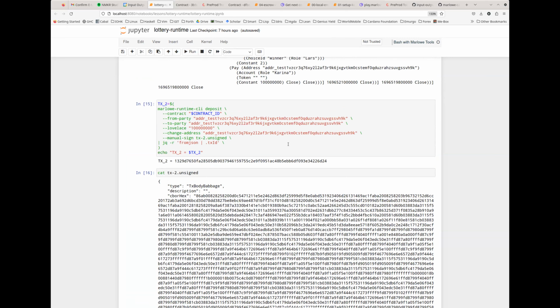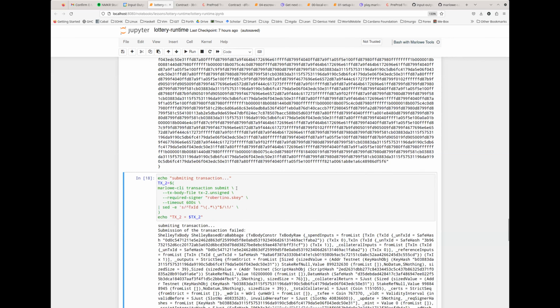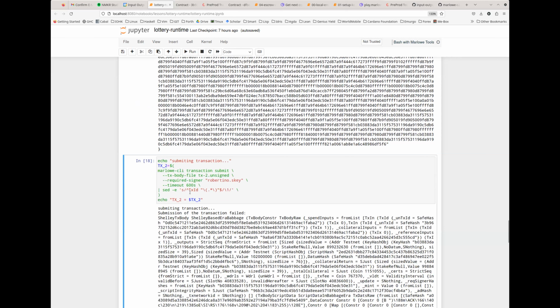How many ADA do you have at your address? Just a single UTXO with 1,000 ADA. That should be fine. Did I make a mistake here? No, but that is all correct, I think.